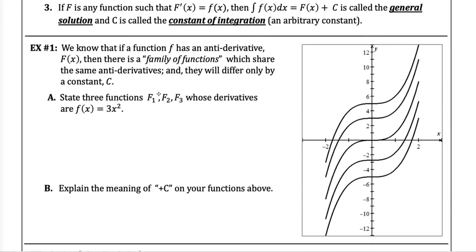So you have this picture here. Well, it's basically 5 of the same graph, but the difference is that they're all different heights. Where the difficulty comes.